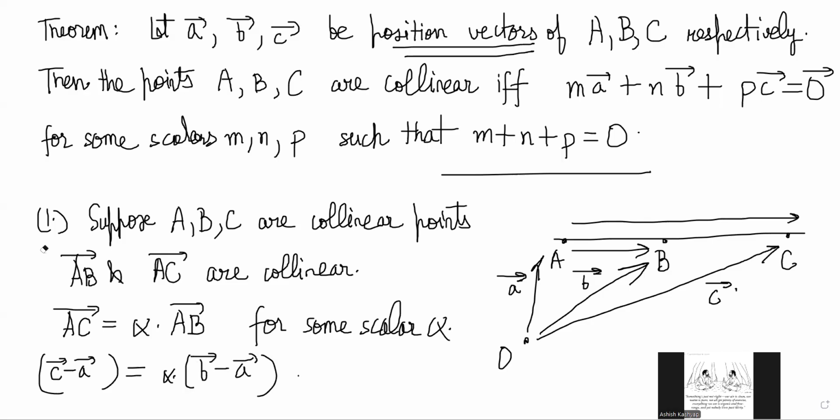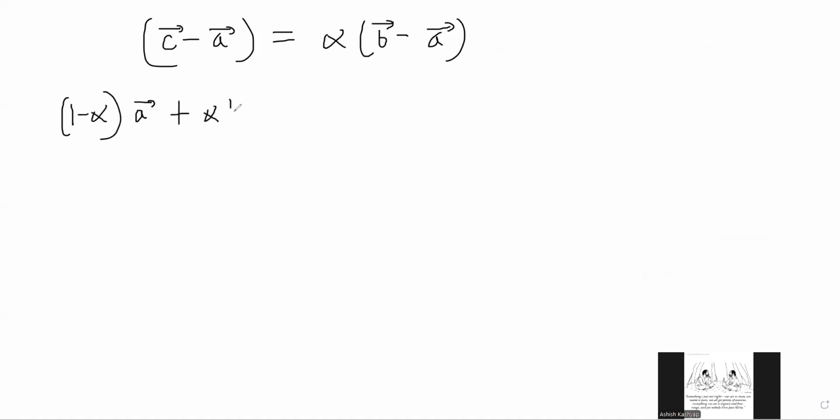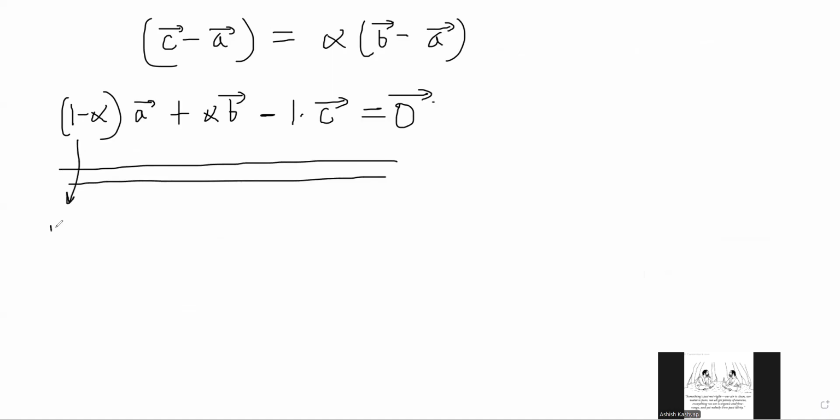So what I'm getting right now is this condition that C minus A is equal to alpha times B minus A. And this can be written as, bring everything to one side, you get A times (1 minus alpha) plus alpha B minus 1 into C is equal to 0 vector, right? Now notice here that this is my M, this is my N, and this is my P. And you can clearly see that M plus N plus P is equal to 0. Because 1 minus alpha plus alpha minus 1 is 0, right?